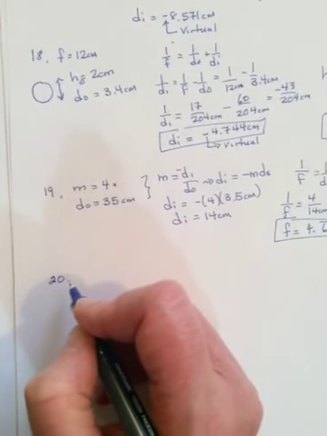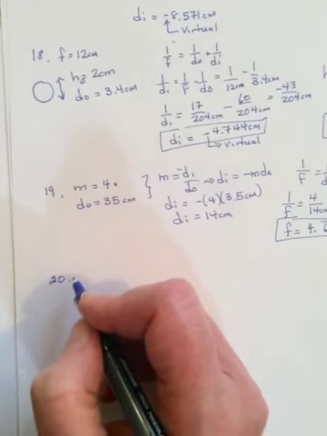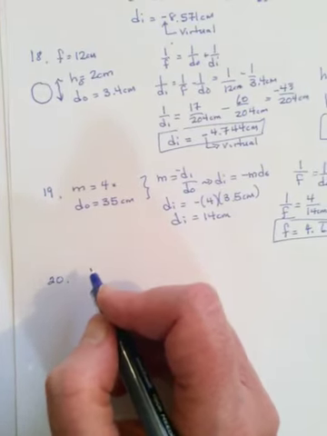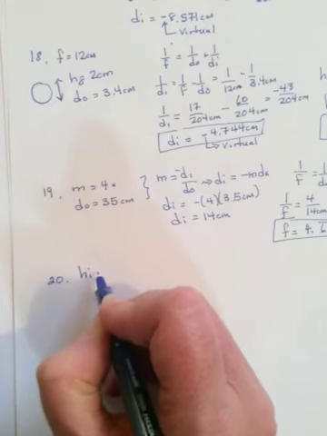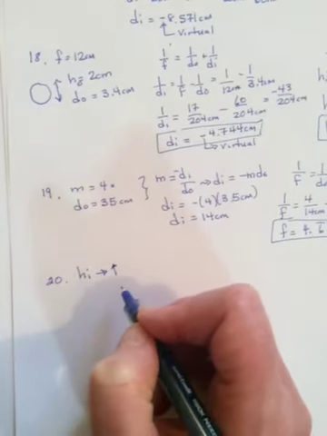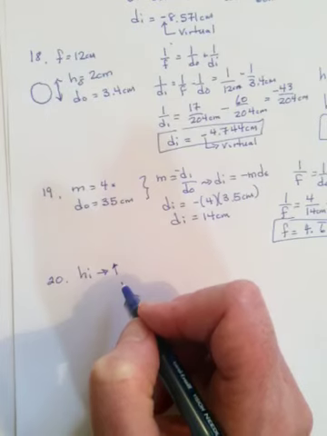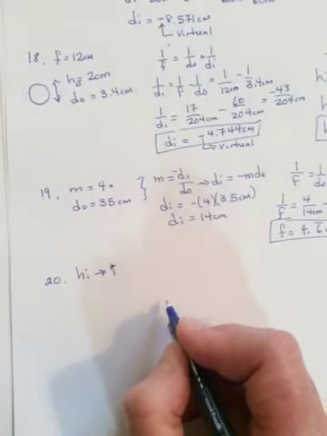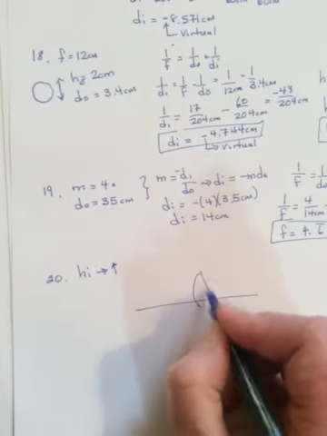Number 20. Suppose you are looking at a stamp through a magnifying glass and want to increase the size of the image. So you want to make HI bigger, okay? So you want it to go up. Should you move the glass closer to the stamp or further away? So think about the lens.